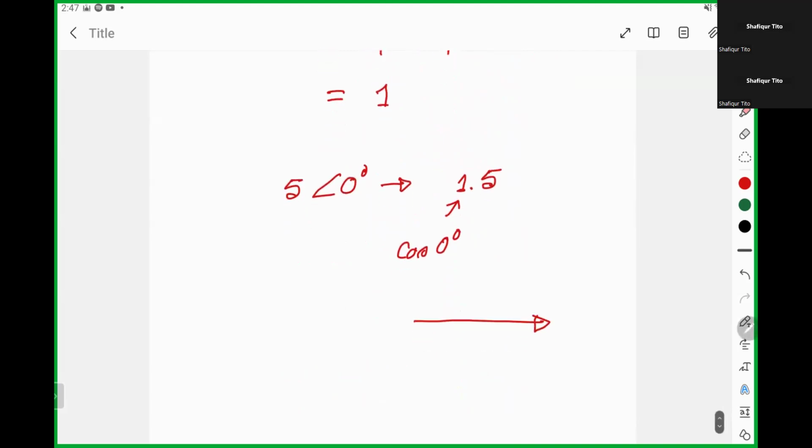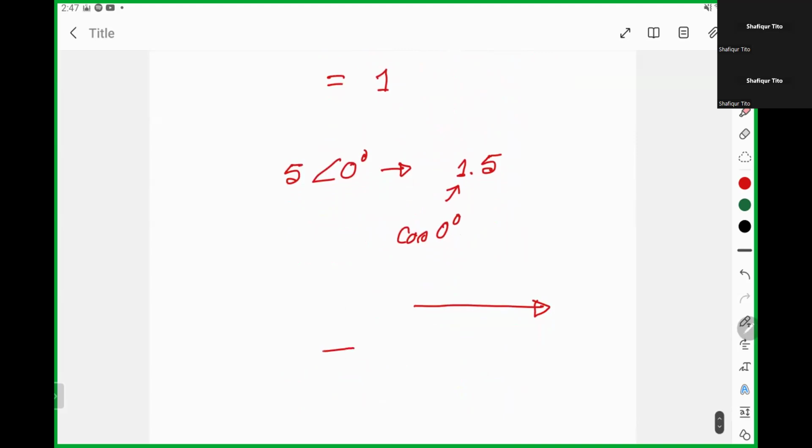If I represent the same vector in the opposite direction, what do I have to do? I have to multiply with minus 1, and then this would be 5, right? Then it would be in the opposite direction. Are you getting it? So positive 1 indicates the horizontal direction to the right. Negative 1 is on the opposite direction, and that is multiplied by minus 1, right?